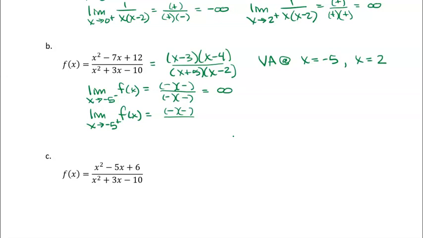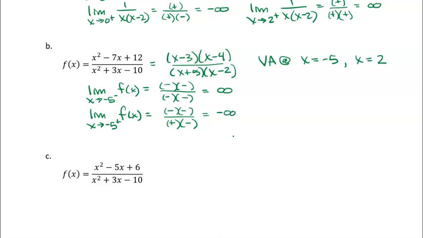So now I'm to the right of negative 5, so something a little bit bigger, let's say negative 4.9. So this is going to be positive now, and this is still going to be negative. So it's going to change the sign. We're going to get positive, negative times negative is positive, but then the denominator is going to be negative, right? So it's going to be a negative infinity.